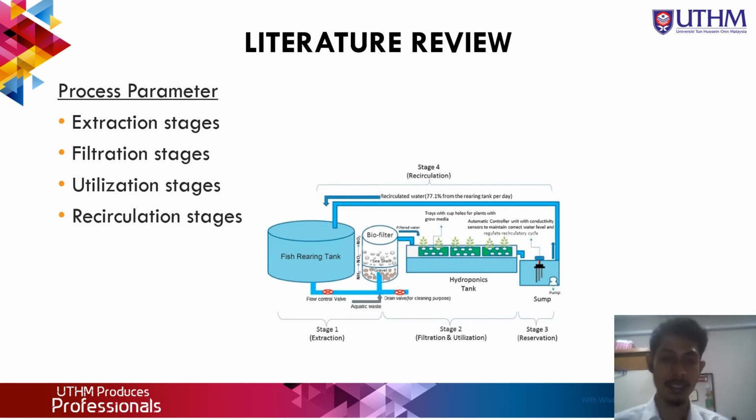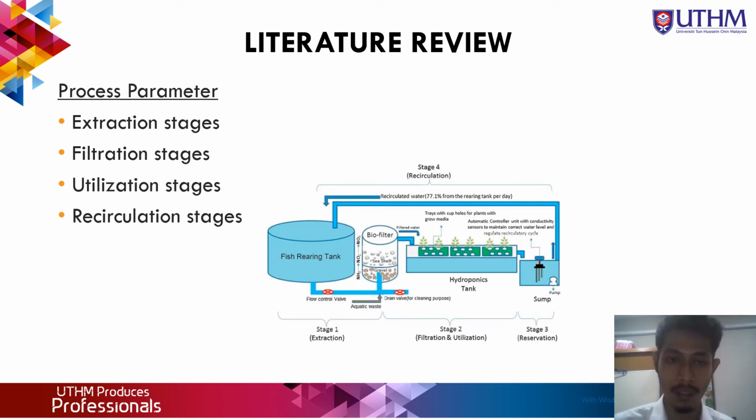Okay, next is the process parameter. There are four stages in the process parameter. The first one is the extraction stage, which is the flow from the fish tank to the biofilter.